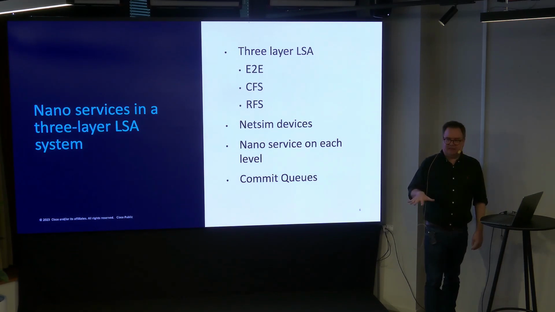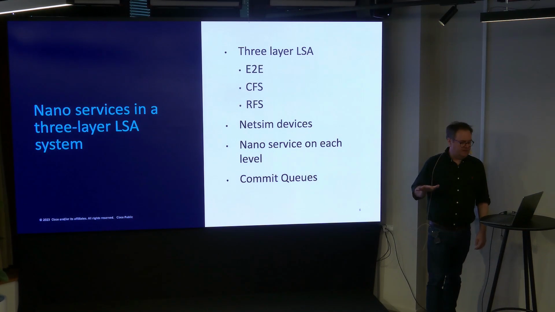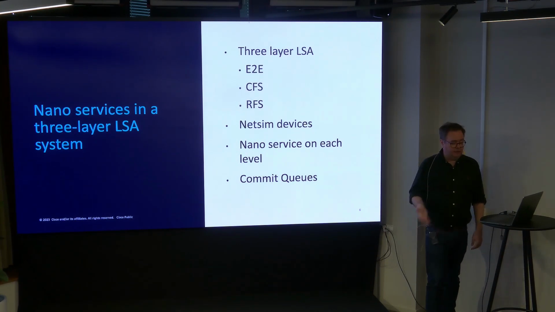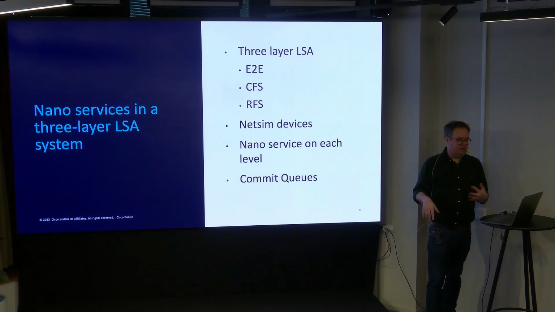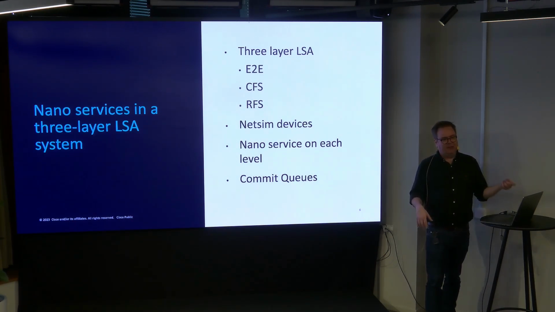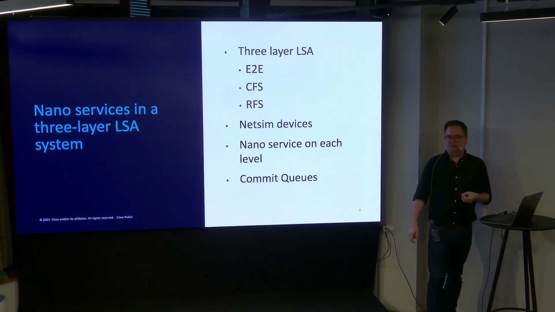We use NetSim devices that we write the configuration to, and on each level we have a nano service, and we also use commit queues. So what we are trying to do with this service is we write configuration to the E2E node, and that service eventually creates configuration on the NetSim nodes.